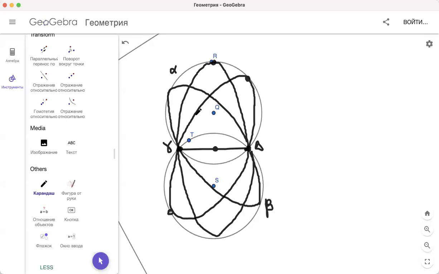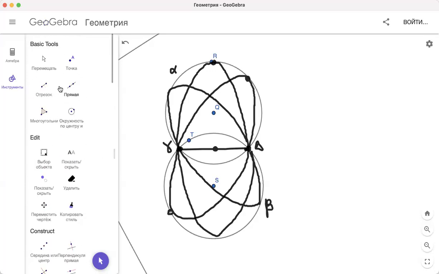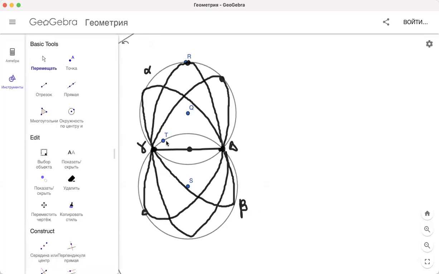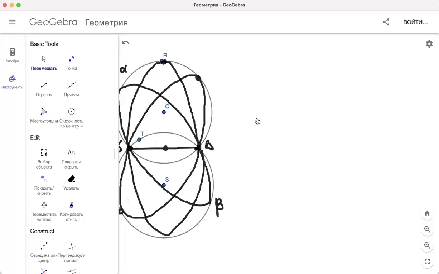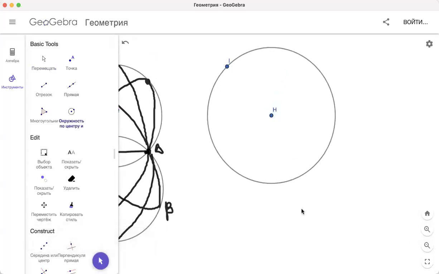Okay. And then let me show you some new examples. At first, this example can be generalized. Here you can consider not equal circles, but 2 arbitrary circles, and the same will be true.